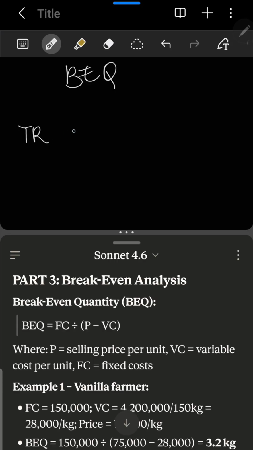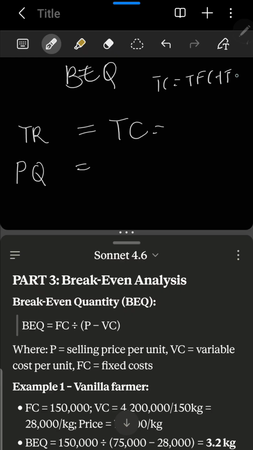Total revenue must be equal to the total costs. We know that our total revenue is sales, which is simply the price times quantity. And we know that our total cost is the same as total fixed costs plus total variable costs.